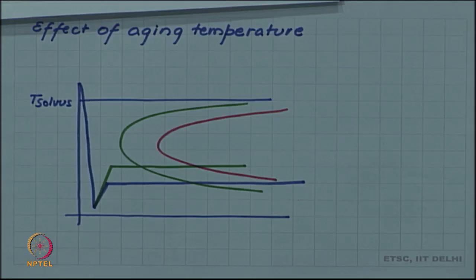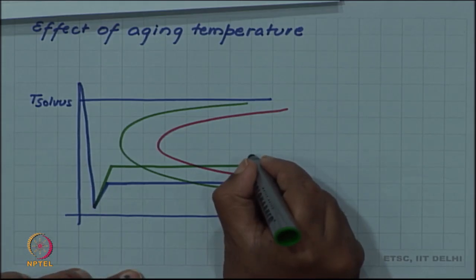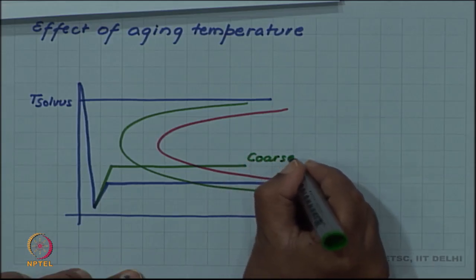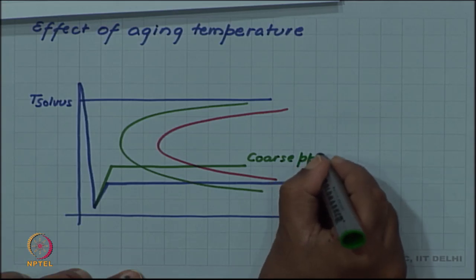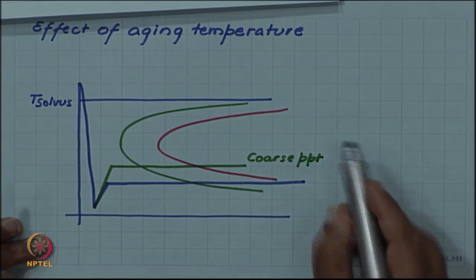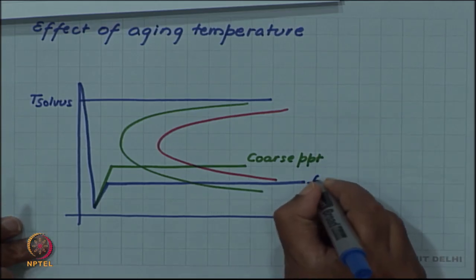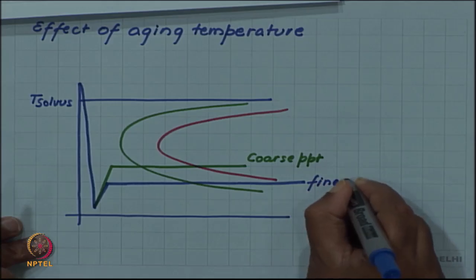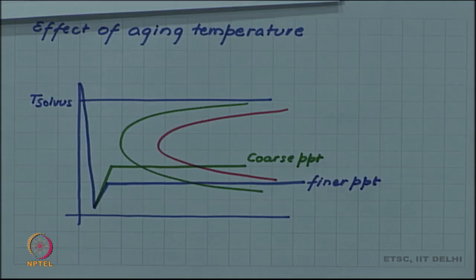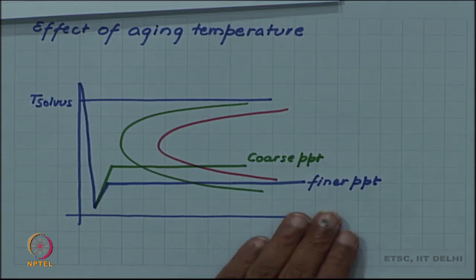We have already seen that at the higher temperature you will have coarser precipitate, because of slower nucleation and faster growth, whereas at a lower temperature you have finer precipitate. So, this fine precipitate will give you a higher hardness.